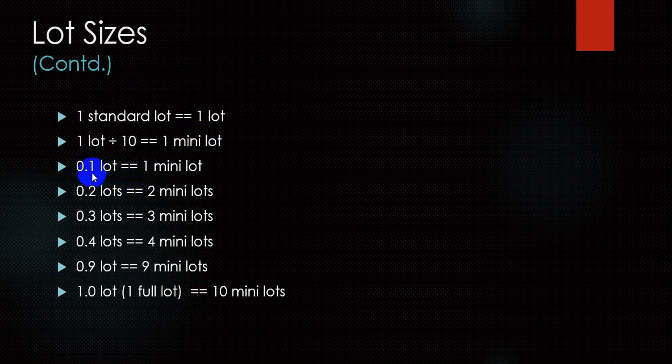So 0.1 lot is 1 mini lot. 2 mini lots is 0.2 lots. 3 mini lots is 0.3 lots. 4 mini lots, 0.4 lots, all the way to 9 mini lots, which is equivalent to 0.9 of a standard lot. And of course, 10 mini lots is equivalent to 1 full lot. So that's the breakdown of the standard lot.